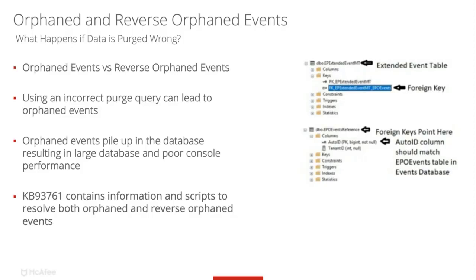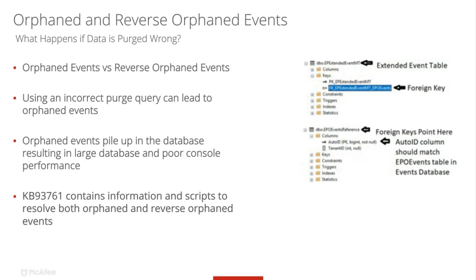So first, let's talk about what they are. An orphaned event means that there is a reference to the event in the primary database, in that ePO events reference table, but there is not a reference to the event in the thread events database. Now, how does an orphaned event happen?